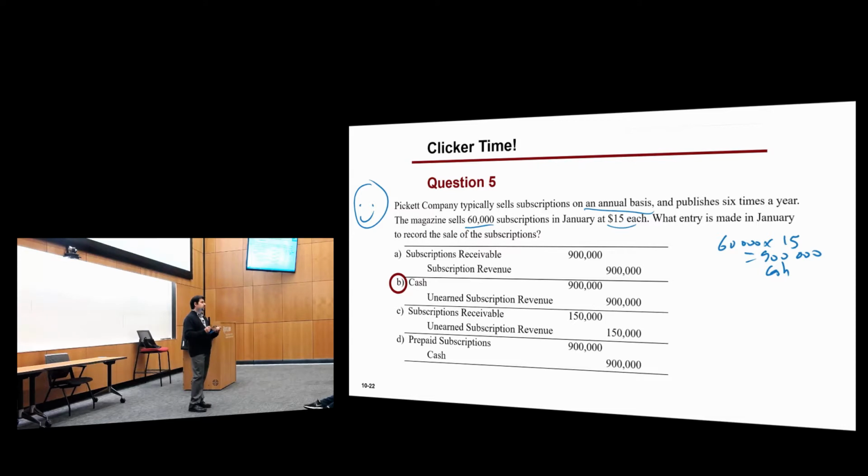On the other hand, the magazine has not started actually delivering those issues. So instead of earning that money, they have a liability now. They have to deliver 6 issues. That would be the same amount as unearned subscription revenue. Any questions about this?